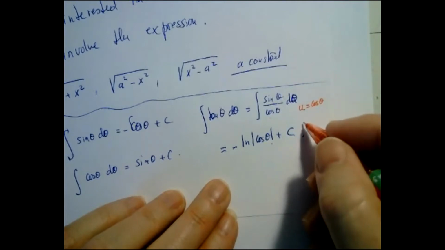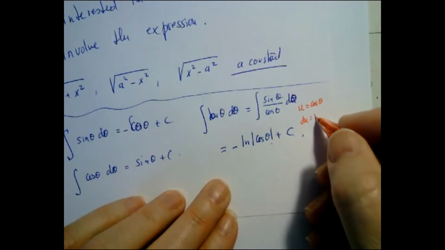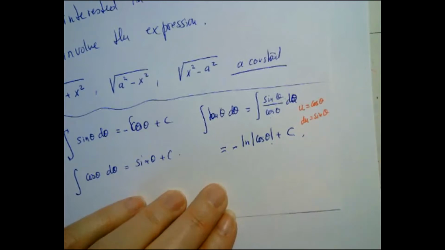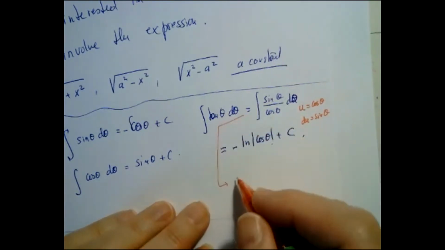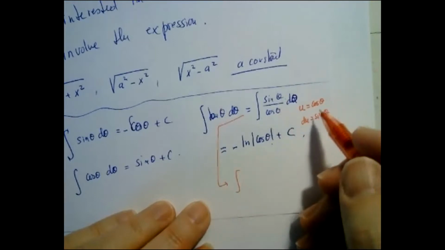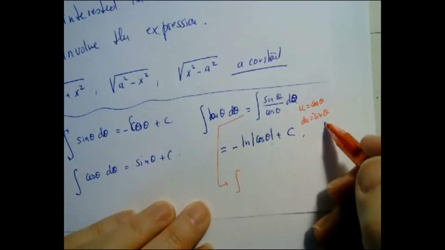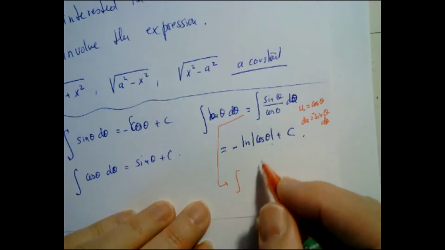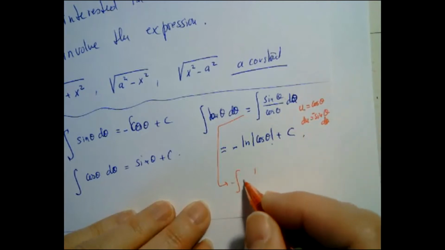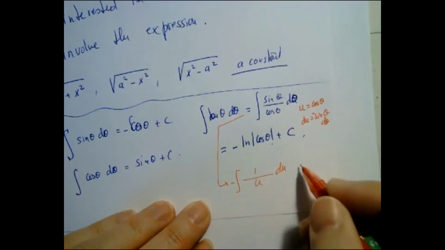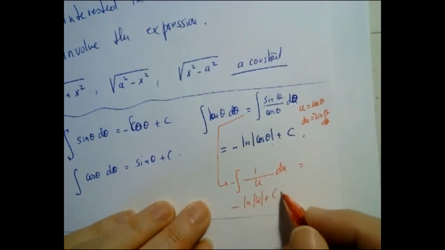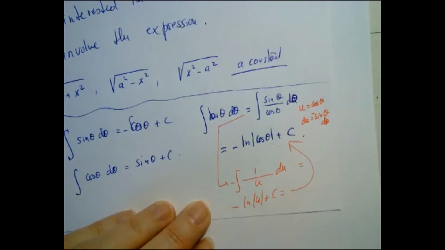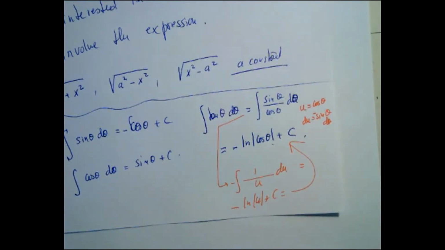The du would be the minus sine of theta d theta. So this would become the integral of minus 1 over u du, which is minus ln of u. It means minus ln of cosine theta plus c.